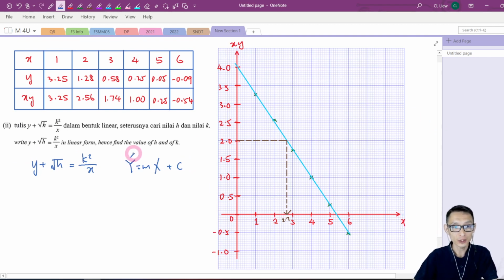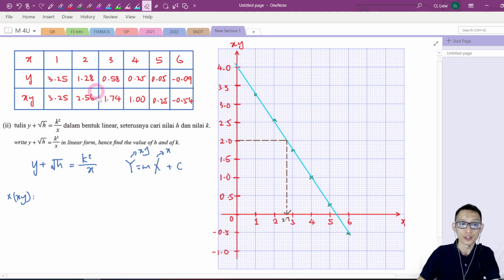So from here, you have to change it until you see xy. So this one is x. So what I'm going to do here is multiply the whole equation by x. Why do I do so? Because I want to see xy. So multiply the whole equation by xy. Oh, sorry, not xy. I just multiply the whole equation by x.